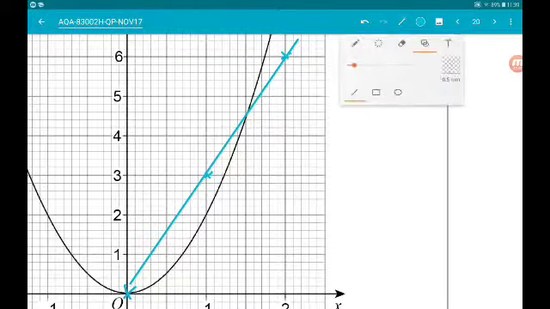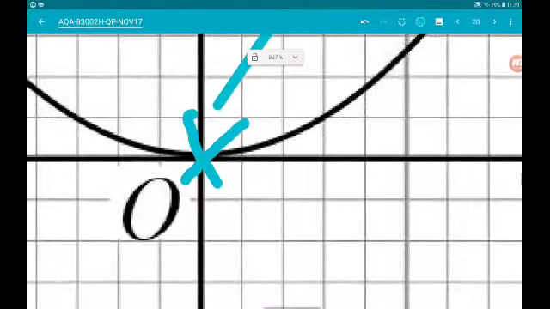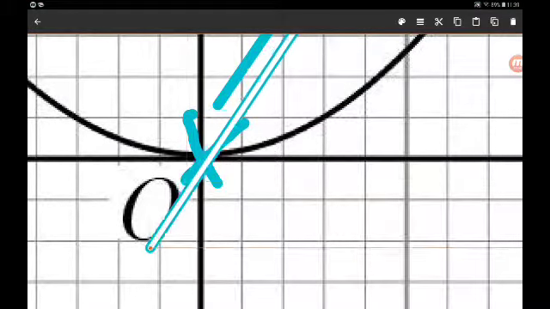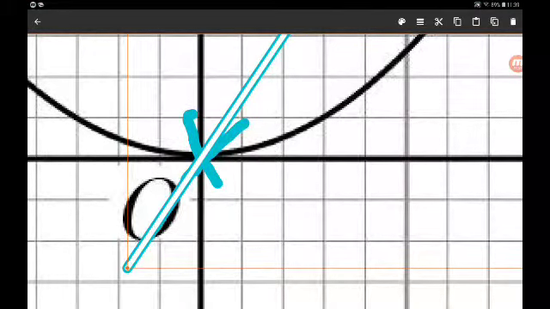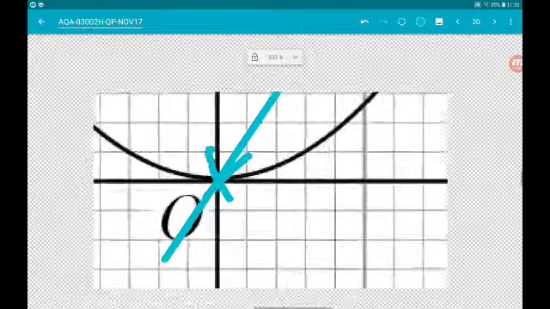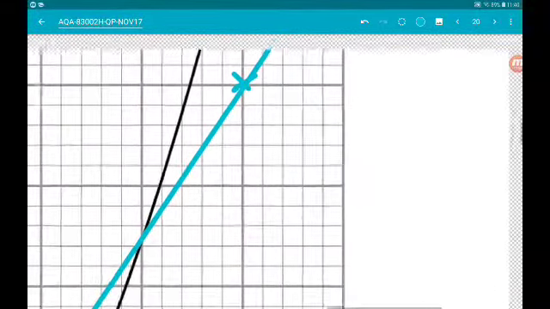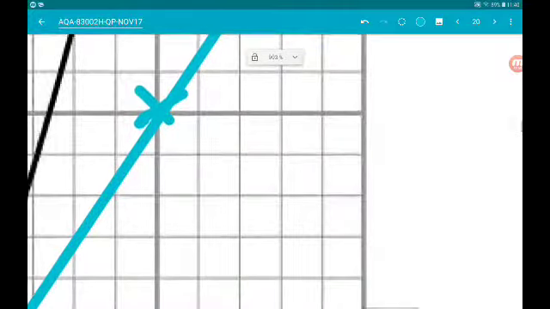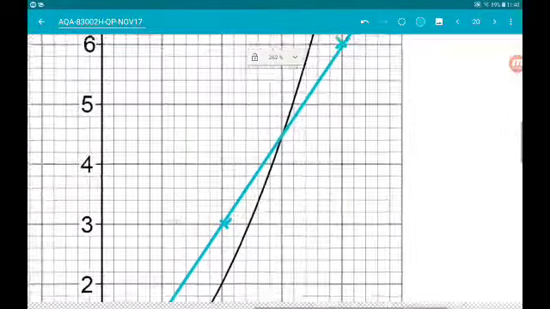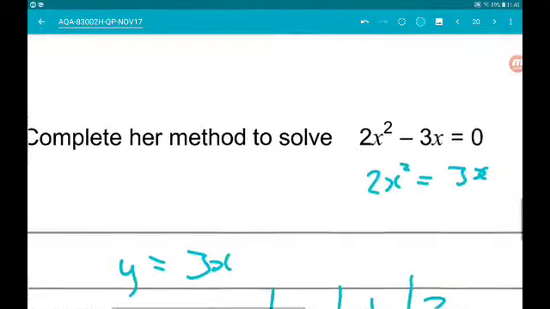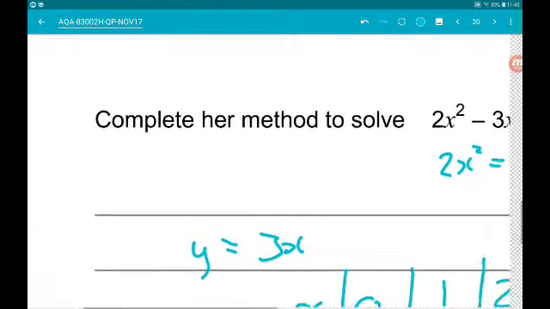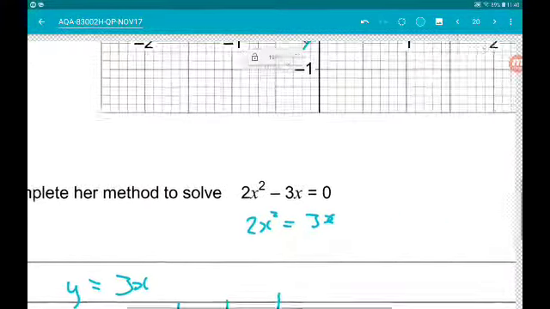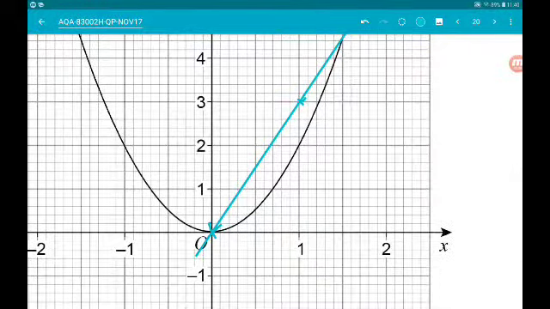Okay. Let's just sharpen that up a little bit. Okay, so that should do it. So now we've done that, we can solve.